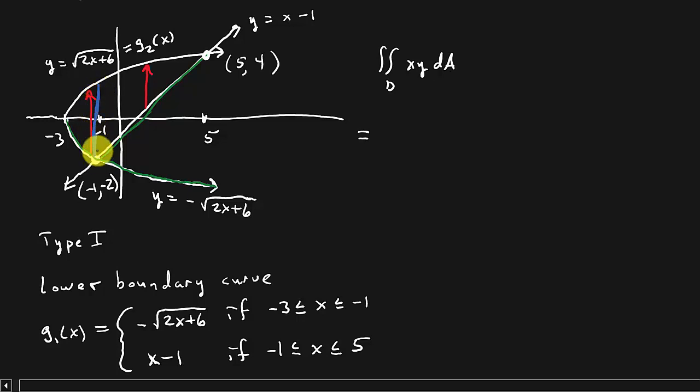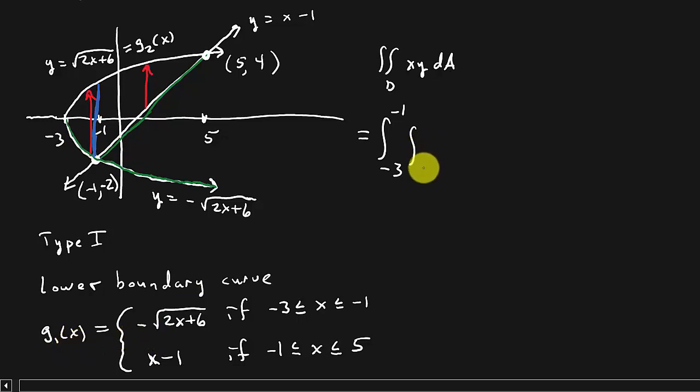Right here we've got two different regions, don't we? And so that's going to be what? -3 to -1, and then there's g1. See, this is our g1.